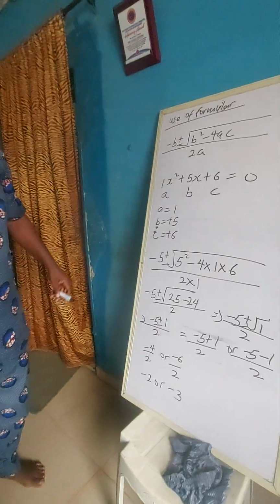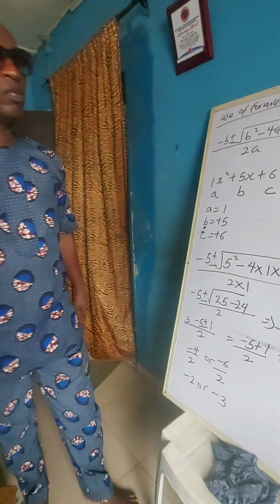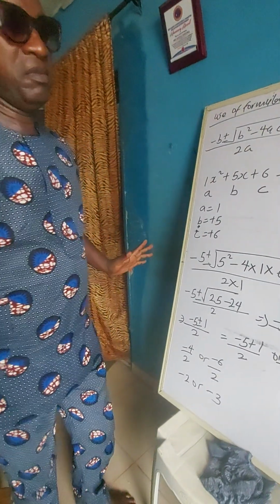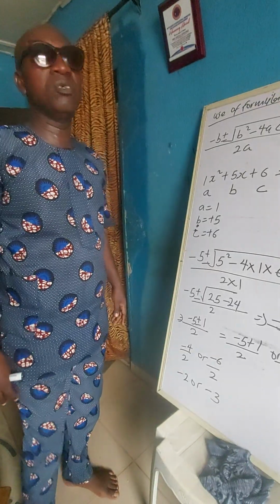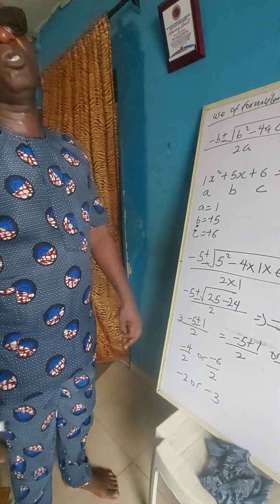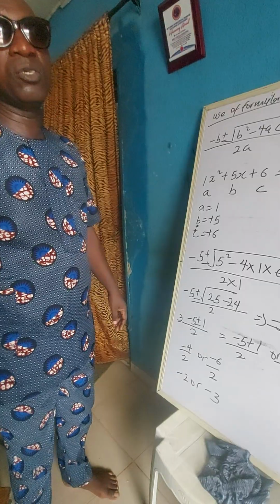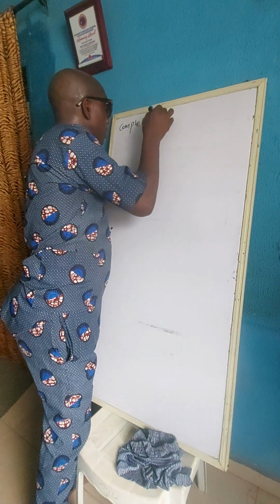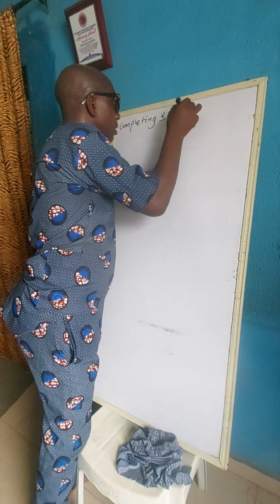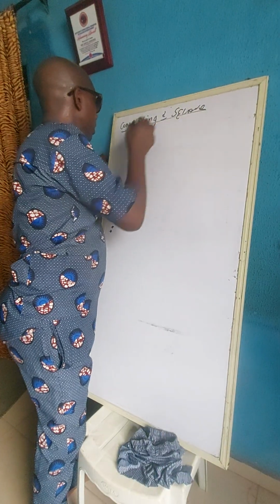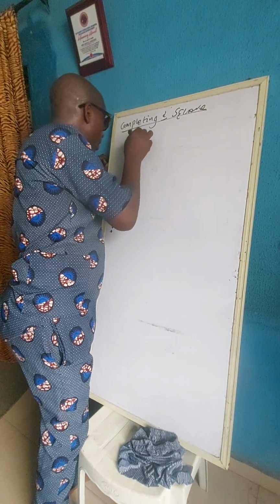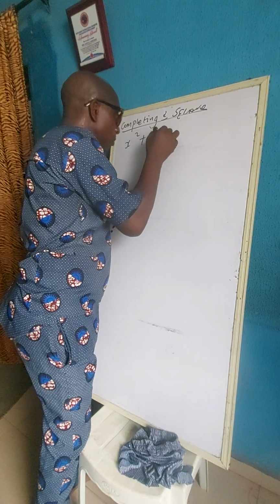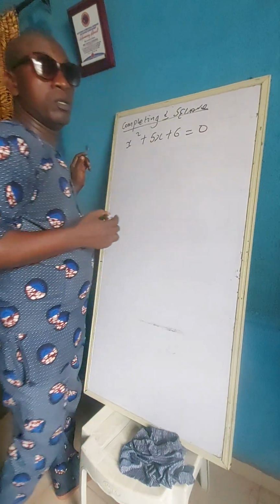That's about that one. Then we are going to the third method to solve it. Then we are done with quadratic equation, except we move to the completing the square. Question: x squared plus 5x plus 6 equal to 0.